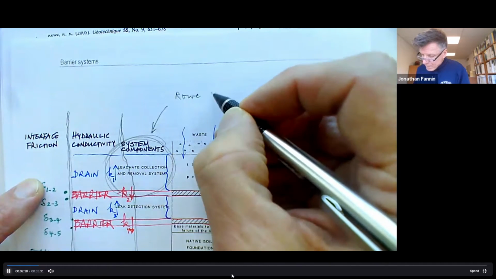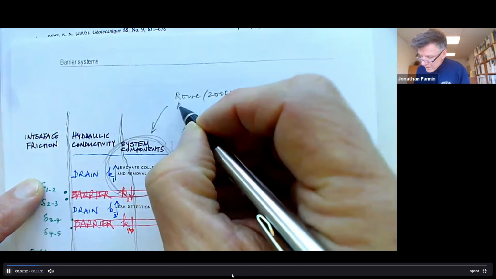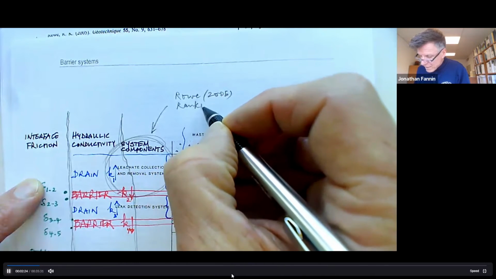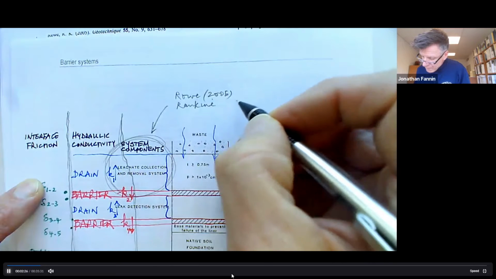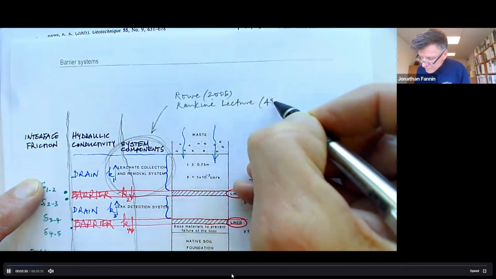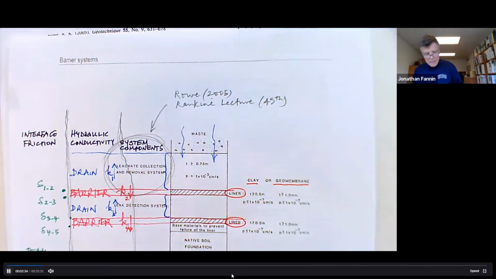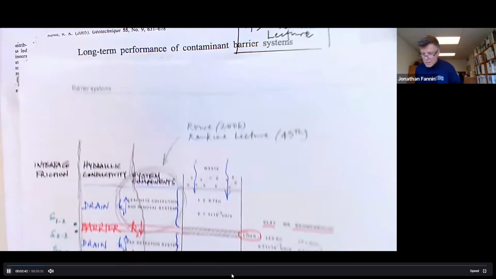Rowe, 2005 was the publication, Rankin lecture. It was actually the 45th Rankin lecture. Okay, and let's look again at evolution of design practice and the philosophy and how we want system components to work.